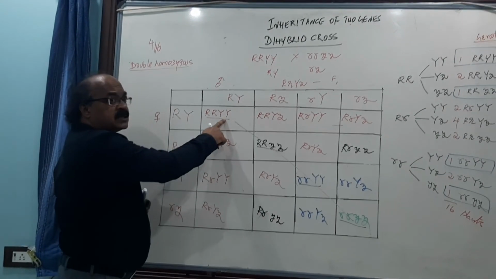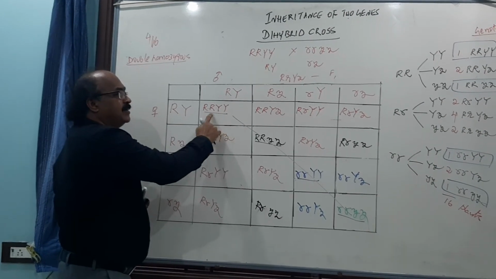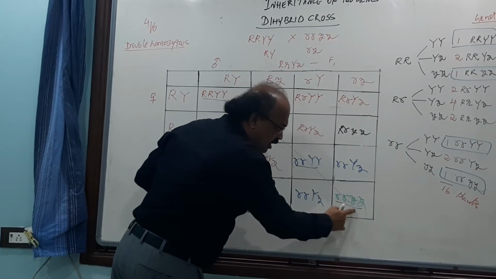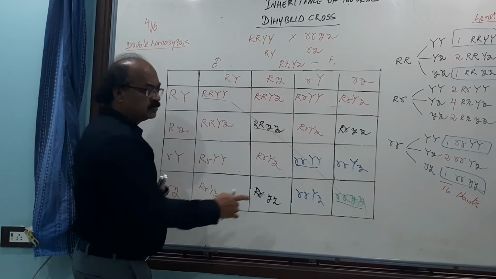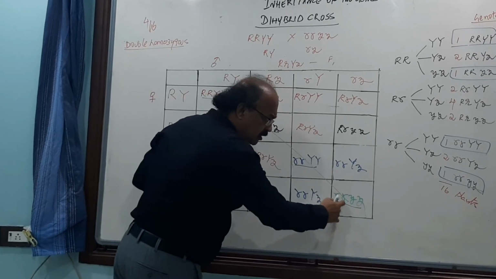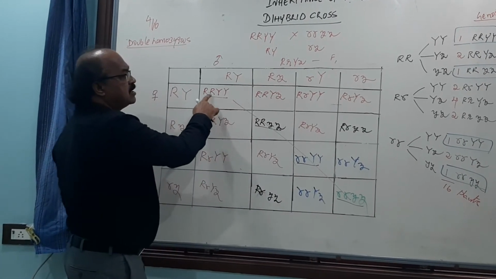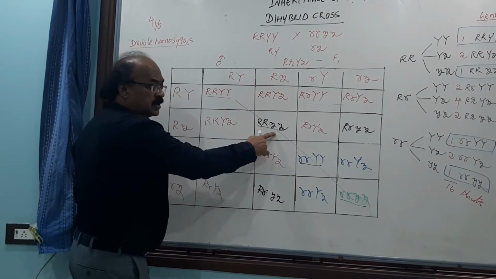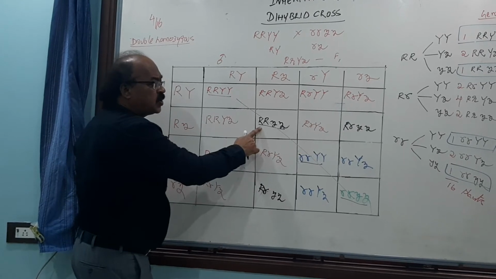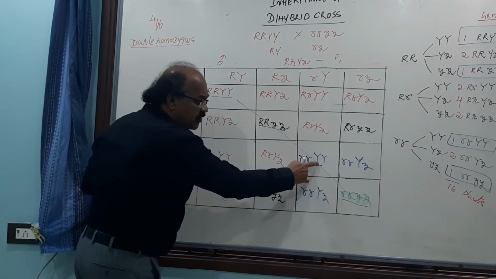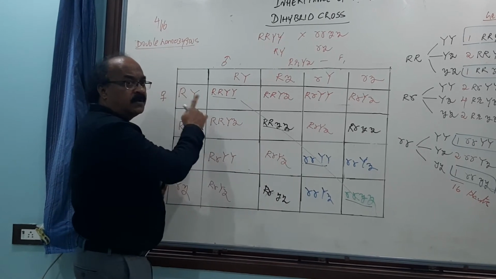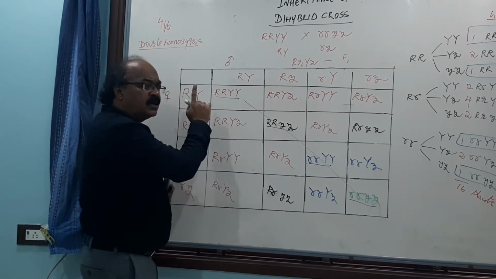Double homozygous, double dominant. Double homozygous, double recessive. Both are homozygous, but double recessive. Double homozygous, dominant for one character only. The other one is recessive. Double homozygous, double dominant 1.